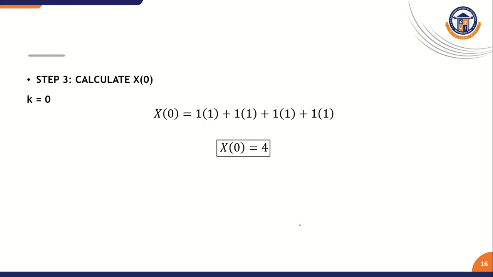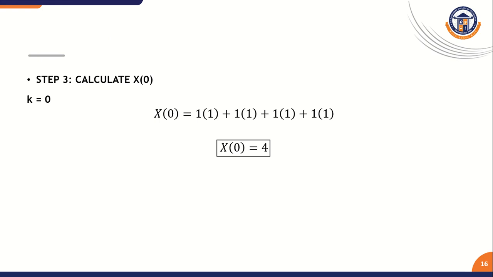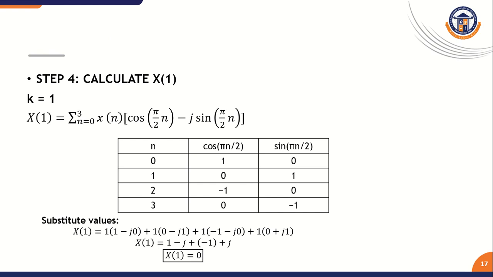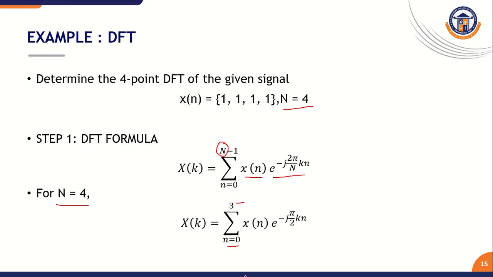From this formula, next we calculate X of 0, that is, substitute k equal to 0 and find the value of capital X of 0. After that we calculate k equal to 1. We substitute x of n for n equal to 0, 1, 2, 3.